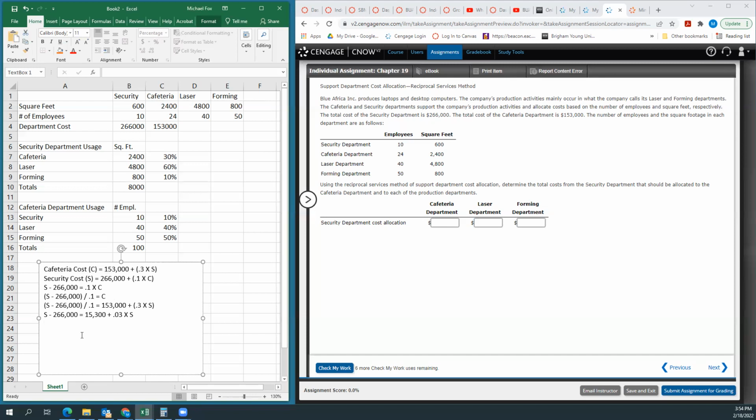Now I'll subtract this 0.03, so I'll end up with 0.97 times S on that side. And I'll add this 266,000 over here, so that should be 266 plus 15.3, which equals 281,300.